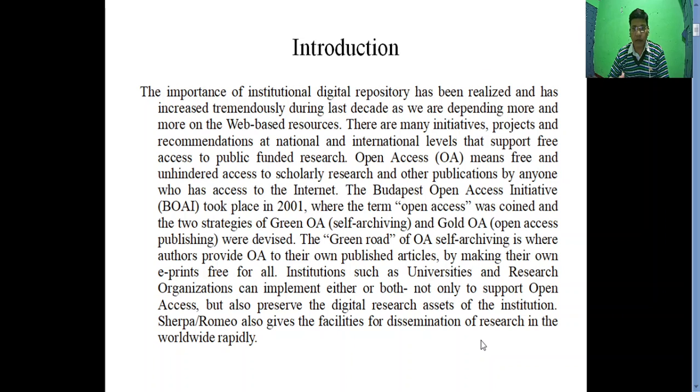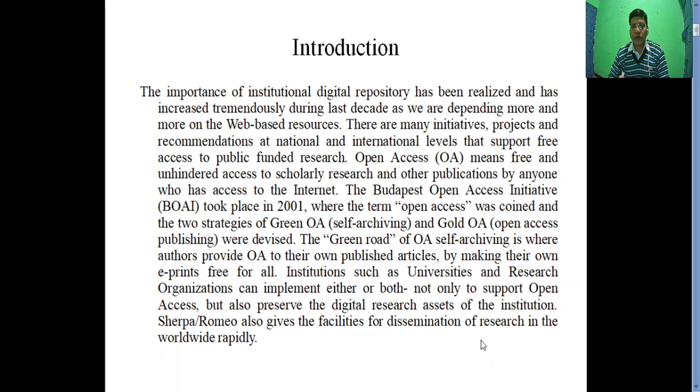There are many initiatives, projects and recommendations at national and international levels that support free access to publicly funded research. Open access means free and unhindered access to scholarly research and other publications by anyone who has access to the internet.